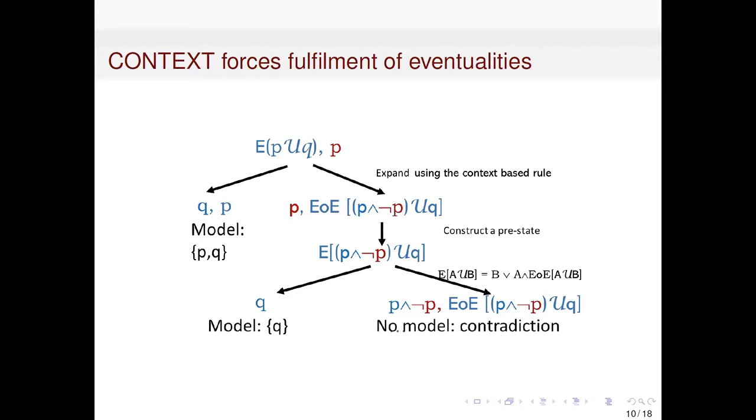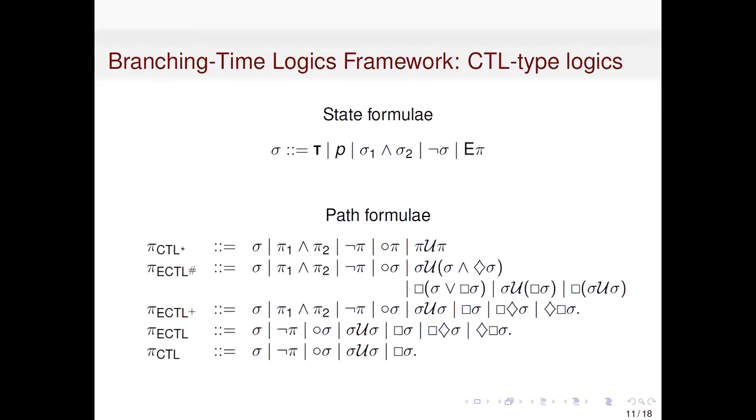And then you expand this further based on the fixed point characterization. Again, either having a model, which is Q, or terminating the construction because you got a contradiction, P and not P. And that's how the statement works, that the context forces us to terminate the construction by satisfying eventualities as soon as possible.